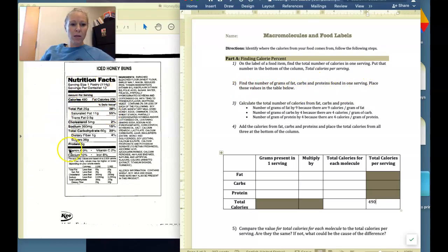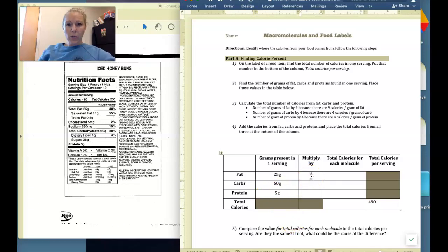One pastry is one serving. Our total fat is 25 grams, our total carbs are 60 grams, and our total protein is 5 grams.